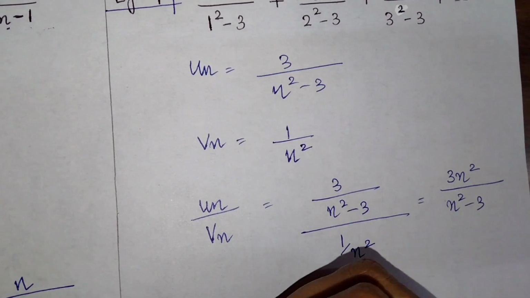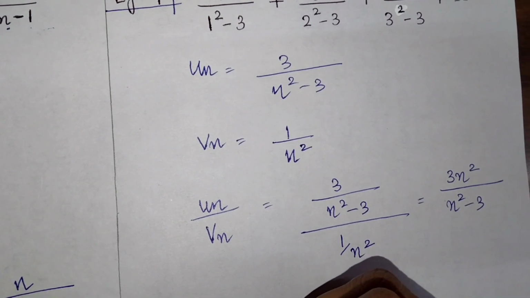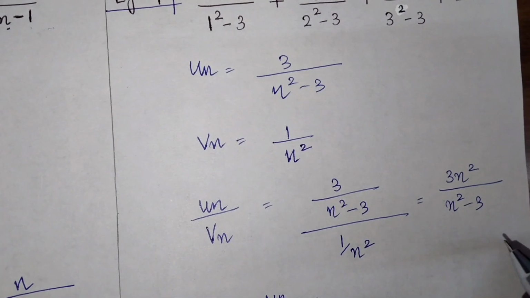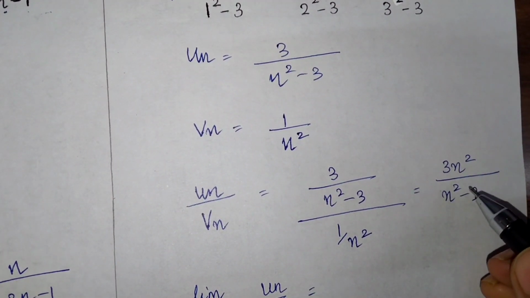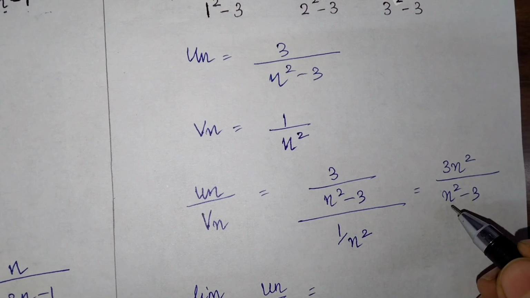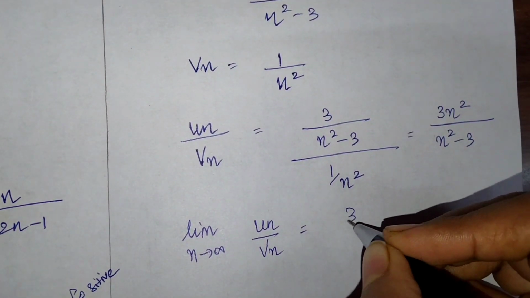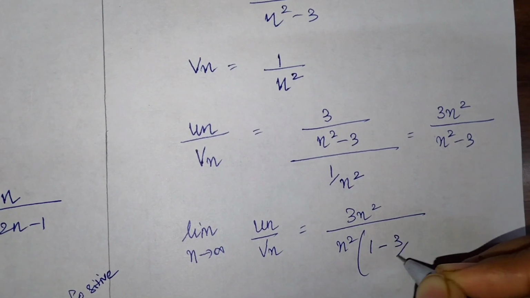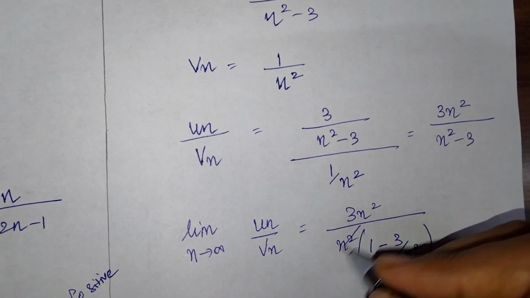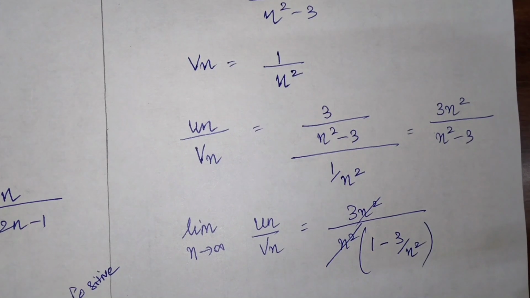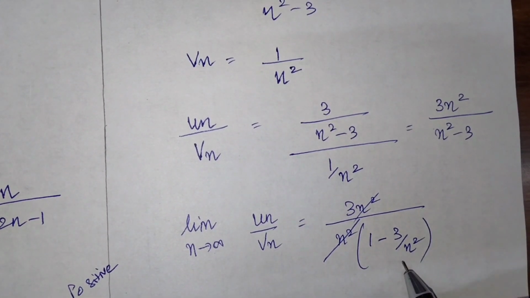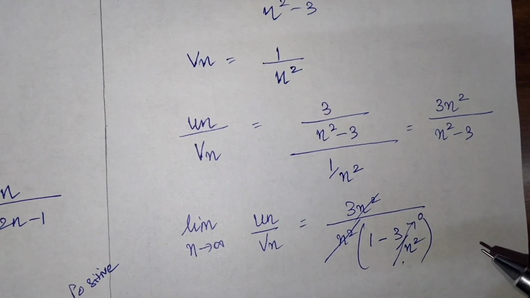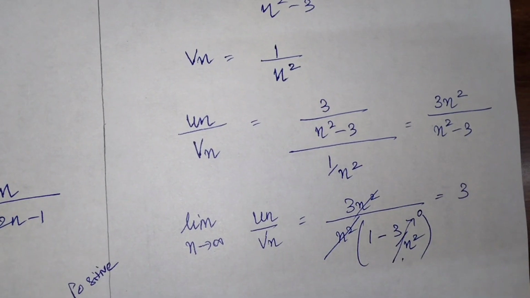So now if we substitute limit in the Un by Vn form, then we can take this n square common from the denominator part. So we will get 3n square divided by n square common, so 1 minus 3 by n square. This n square and this n square will get cancelled, and if we put limit here, then this term will become 0 because 3 by infinity is 0. So we will get 3.